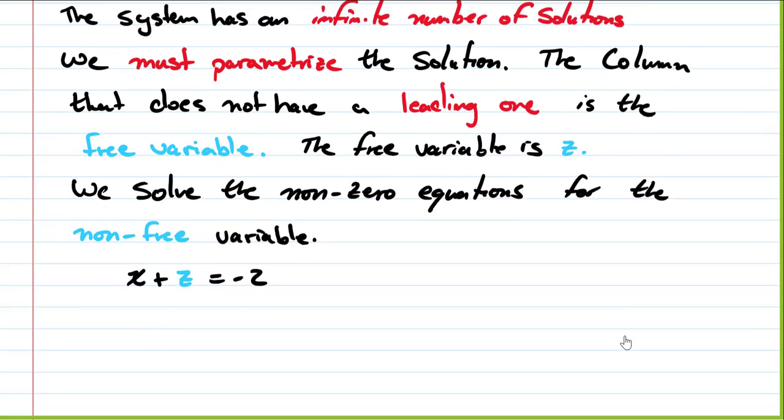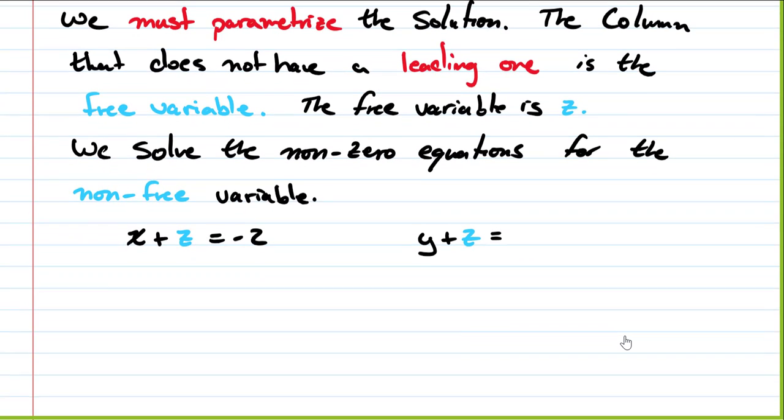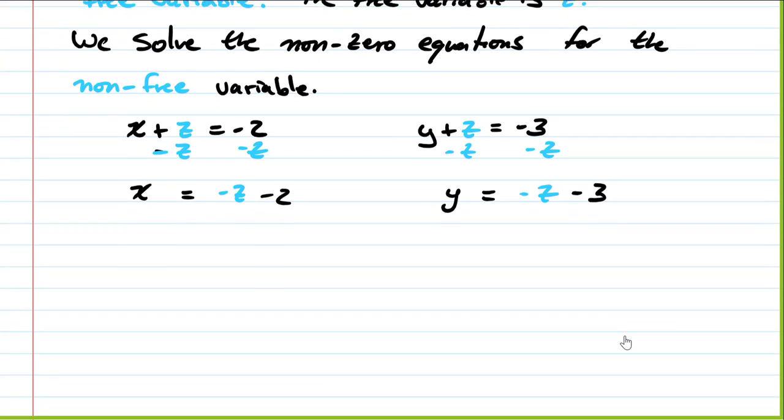And we had our other equation, y plus z was equal to -3. So we solved each of these equations for the non-free variable. So I minus z and I minus z, giving me x equals -z take away 2. And then I minus z and I minus z, giving me y equals -z take away 3.